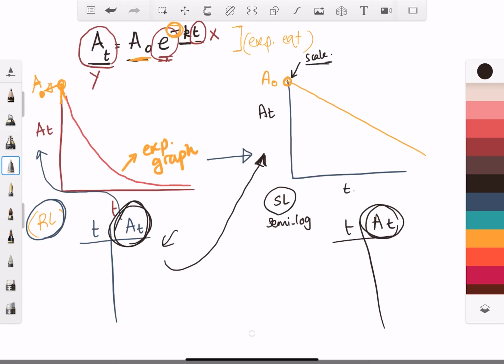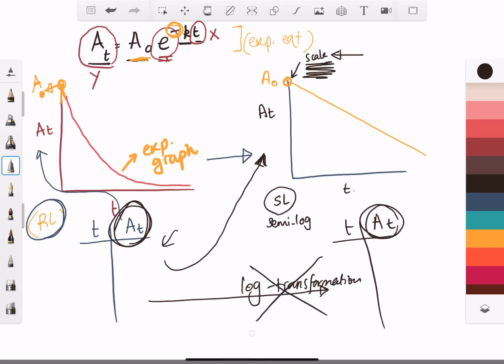We are just visualizing it differently on a log scale. So we are not doing any actual log transformation here, as before in equation number 2. It's just changing the scale of the y-axis to the log term.